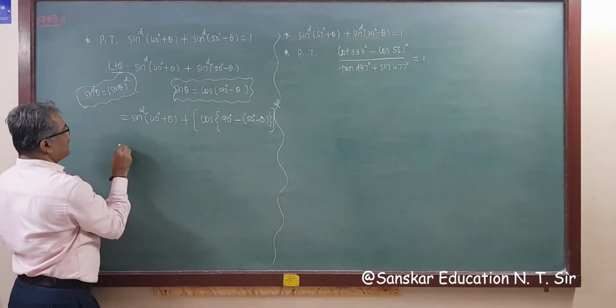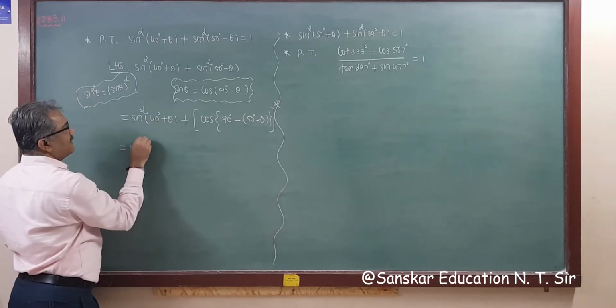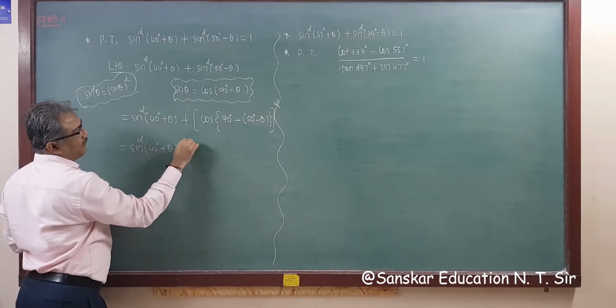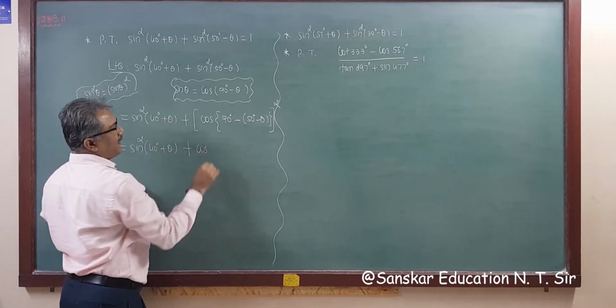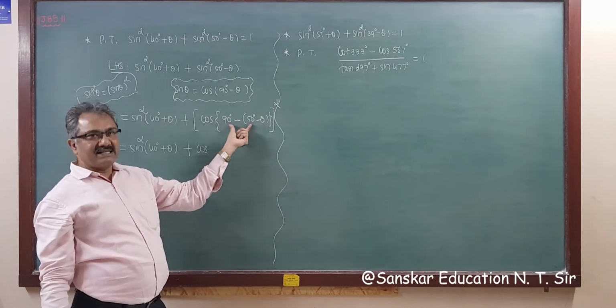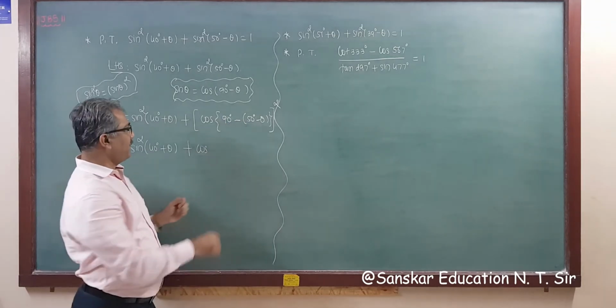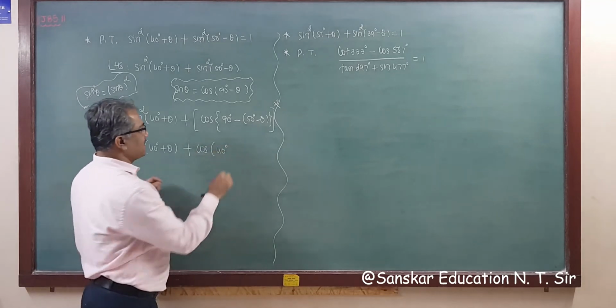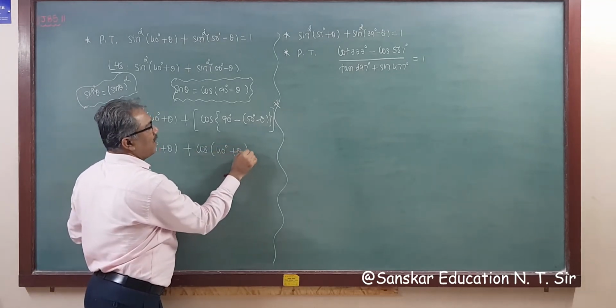So simplifying, this is sin square 40 degree plus theta plus cos, and if we expand this, 90 minus 50 is 40, so 40 degree plus theta whole square.